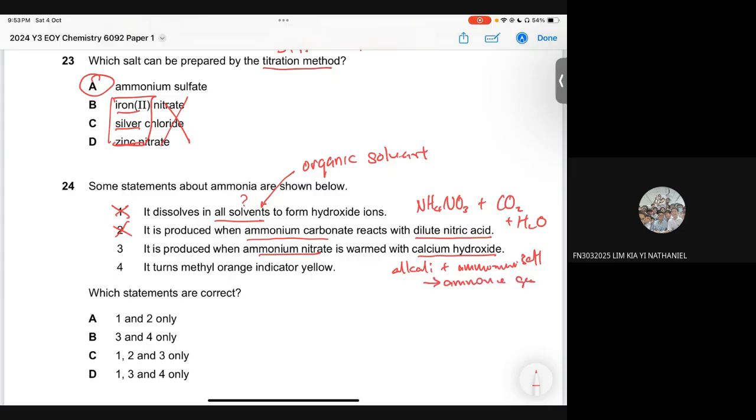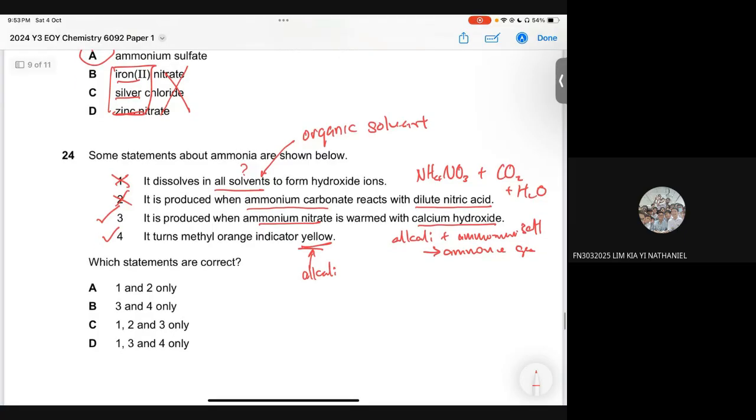So therefore 3 is correct. Next, it turns methyl orange indicator yellow. Yellow is because it's in an alkali solution, and we know that ammonia itself is alkaline by nature. So for question 24, the answer will be B, because only 3 and 4 are correct.